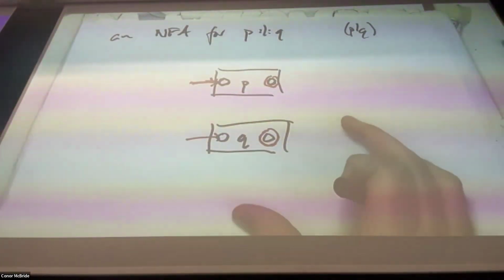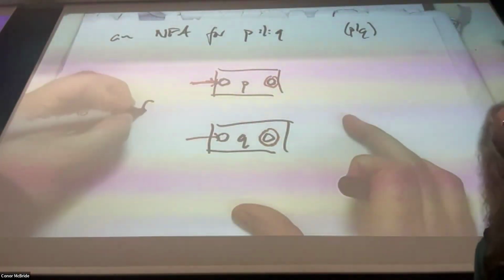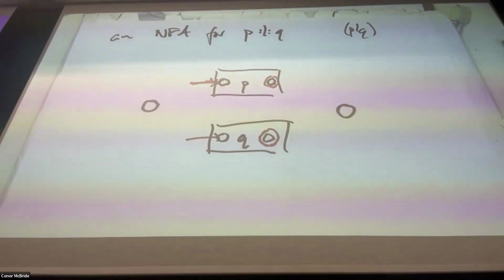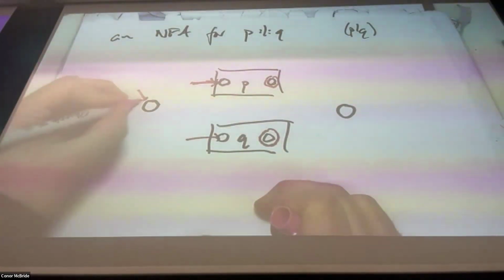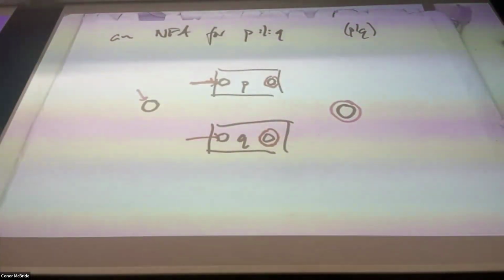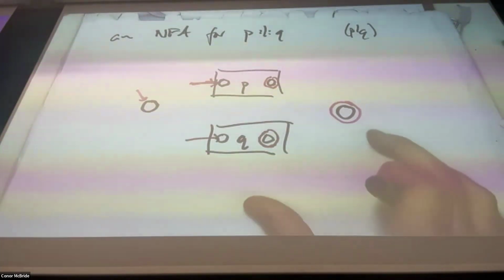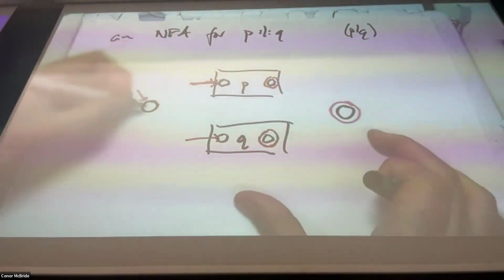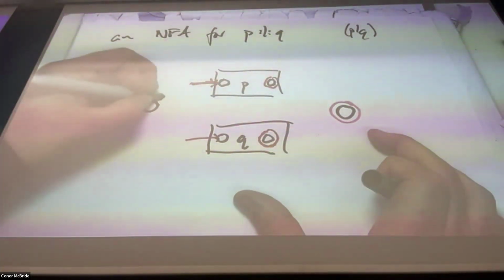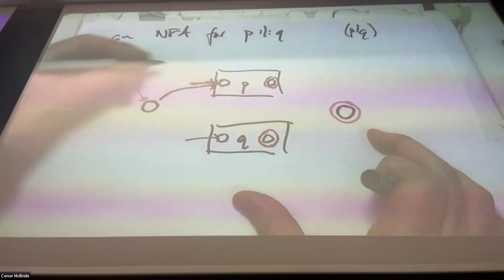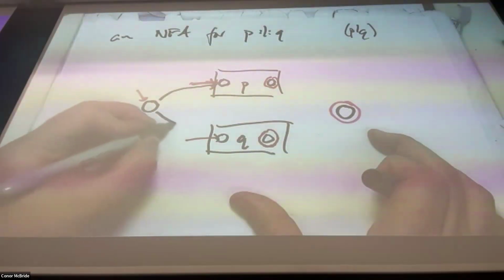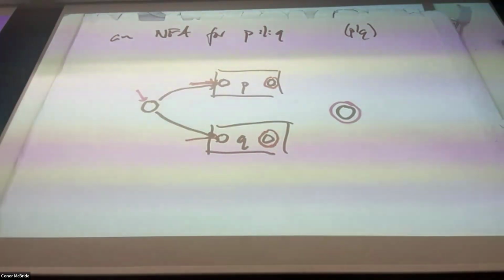Okay, so I'm going to make a new start state, and I'm going to make a new acceptance state. Let's record that. This is my start state. This is my accepting state. And then I'm going to make use of non-determinism to go from my new start state to whatever the start state of P is, and to whatever the start state of Q is.